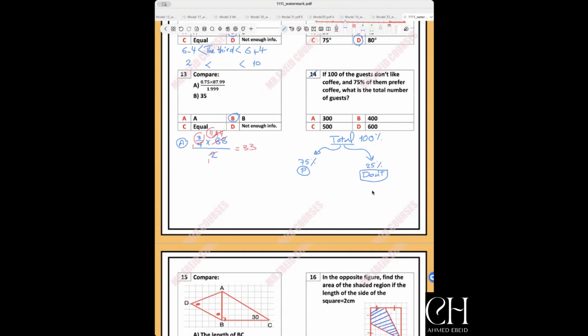So 100 guests don't like coffee, which represents 25%. So 75% will be 300, because 25 times 3 is 75, and 100 times 3 is 300. So the total number of guests is 300 plus 100, which equals 400. So the answer is B.